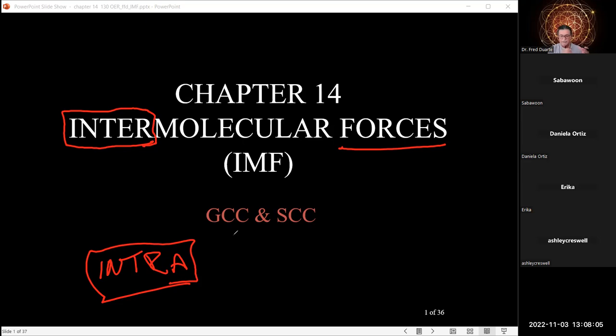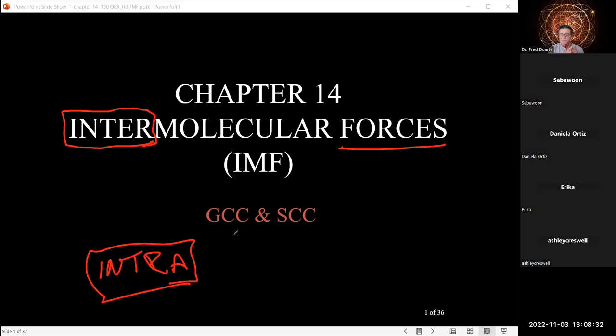Once we have assigned a force to an individual compound, we can compare and contrast with other molecules. We can look at other physical properties and compare two different compounds. We can't give absolute numbers for things like boiling point. We can't say this compound is going to have this absolute boiling point.